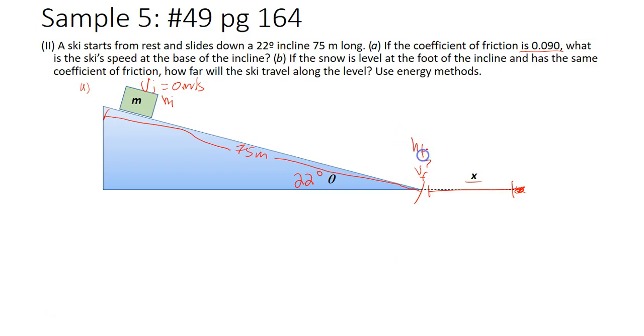There's no height final here. There's no springs. We're not going to even consider it. They don't give us HI, if you notice, but like I said earlier, we can find that out. HI is going to be L sine of the angle right here. So I'll plug that in a little while.